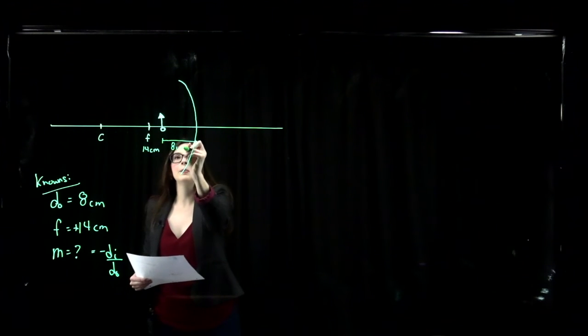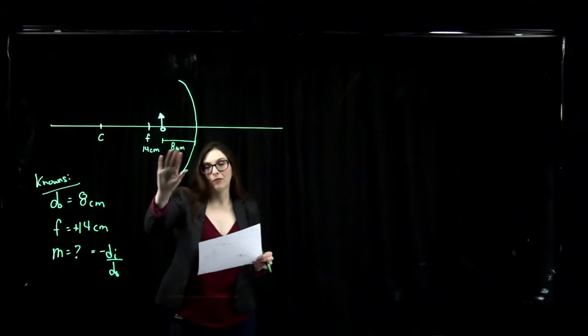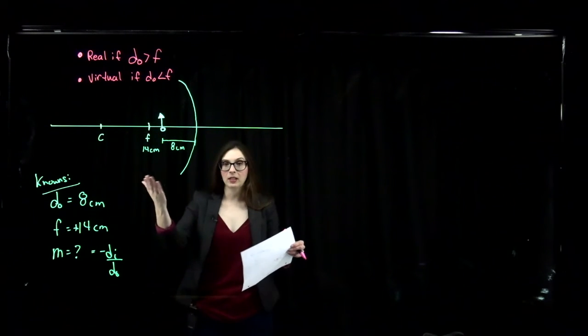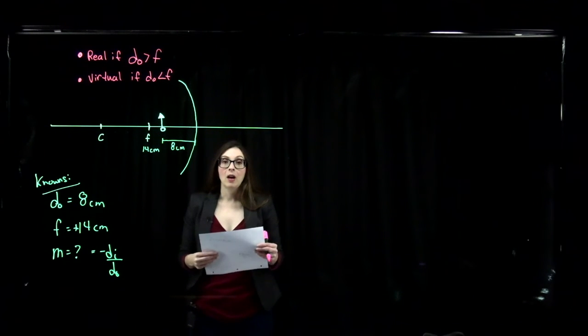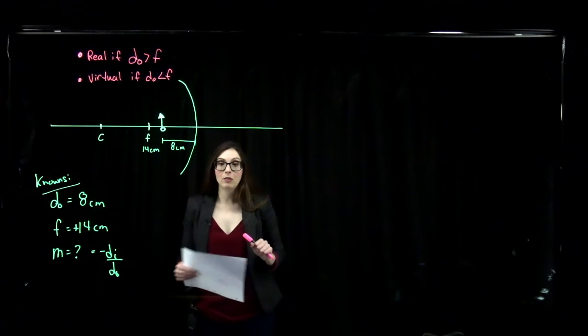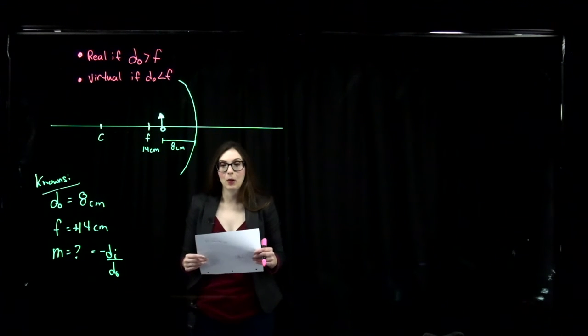That's our d_o. We're looking for the distance that our image is away from our mirror so we can get the magnification. We are going to do the ray tracing for this problem just to practice ray tracing before we get the numerical value for the magnification. It just helps us get our bearings, get an estimate of where that image is going to be located.